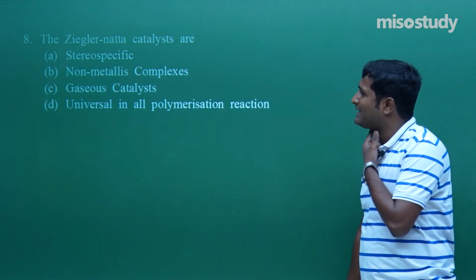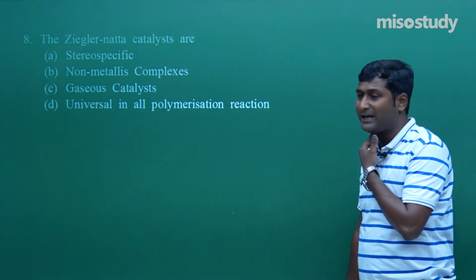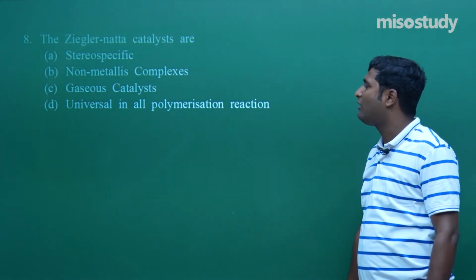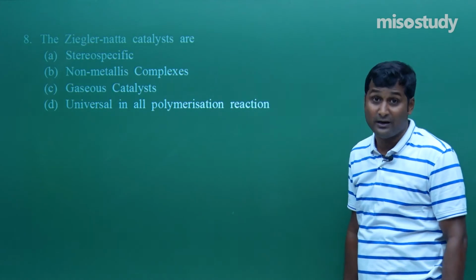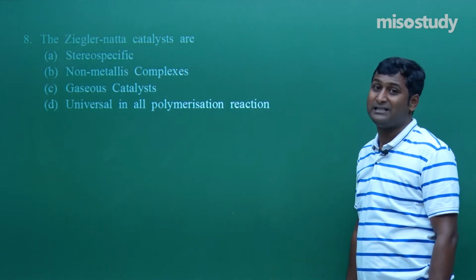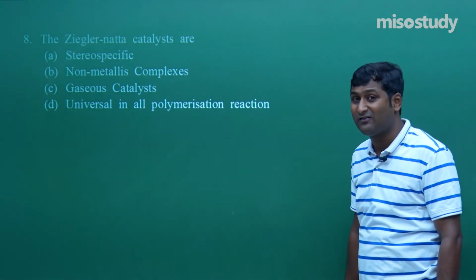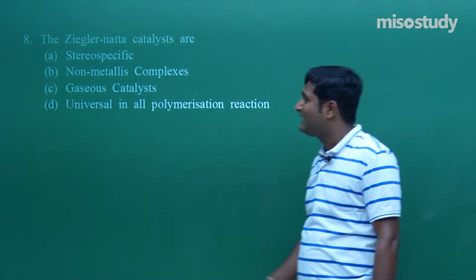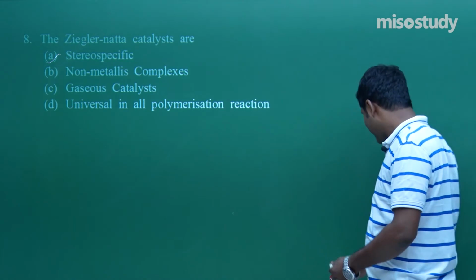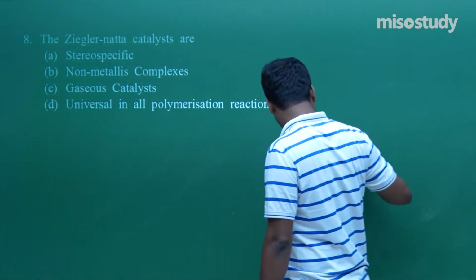The Ziegler-Natta catalysts are stereospecific, non-metallic complexes, gaseous catalysts, and universal in all polymerization reactions. Remember, the Ziegler-Natta catalysts are stereospecific in nature. That is option A. For question number 8, we can say that A is the correct option.